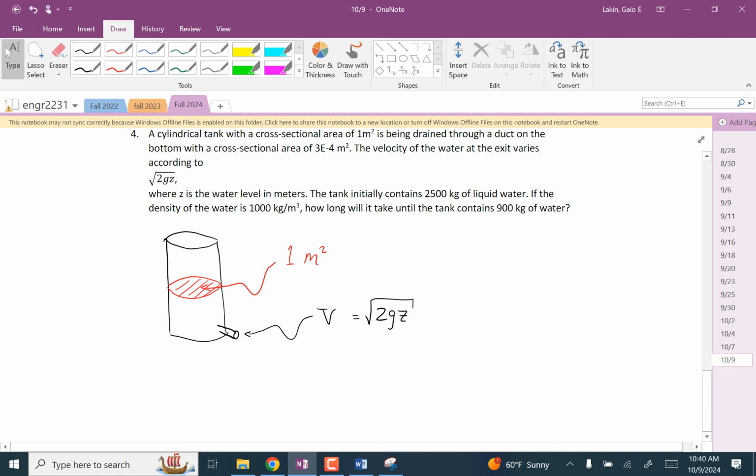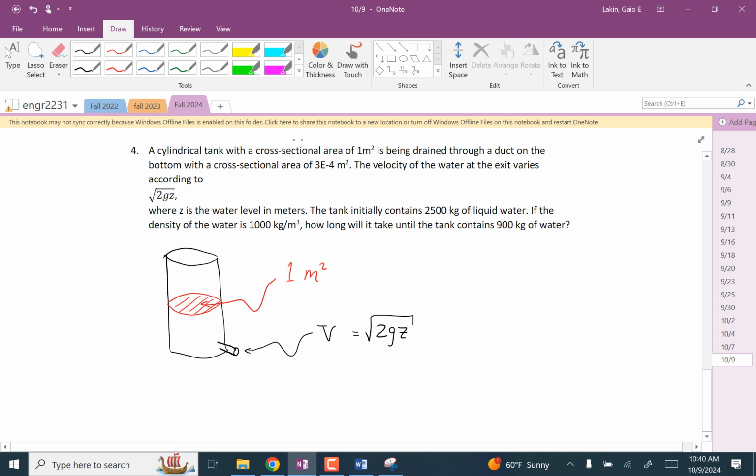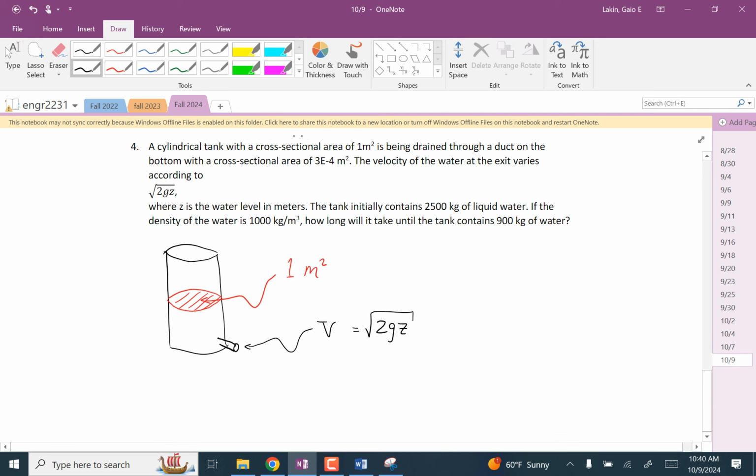It initially contains this much water. We know the density, so we can figure out the starting height. We can figure out the ending height and do all of this in terms of heights.